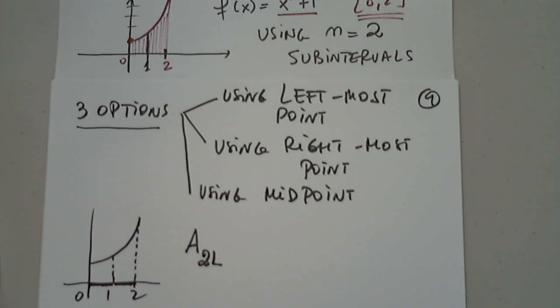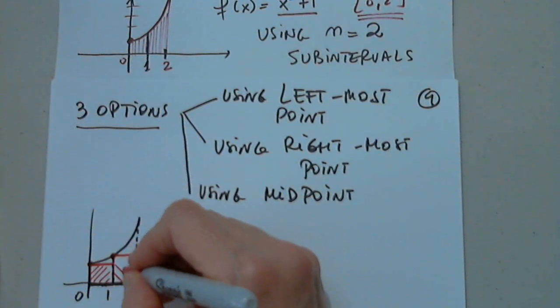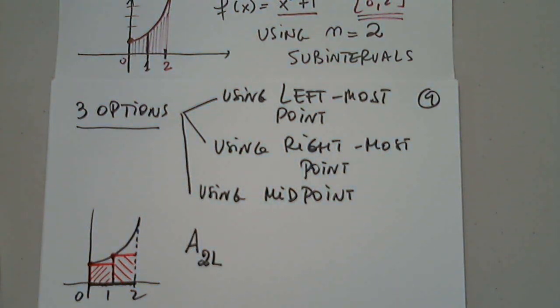Okay, what does this mean? So get to the function, go horizontally. Get to the function, go horizontally. I will determine the area of the first rectangle, and then I will determine the area of the second rectangle.